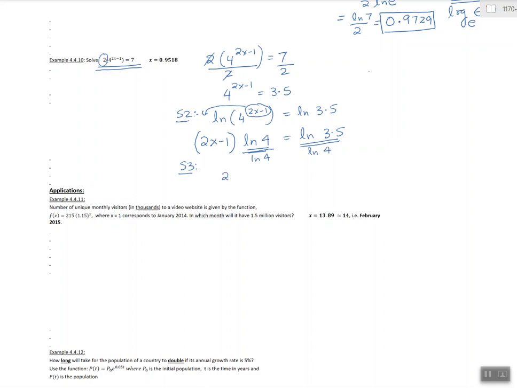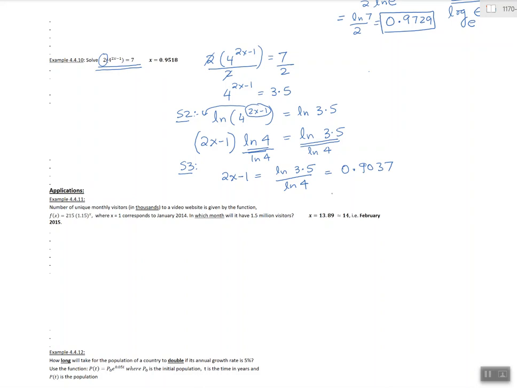So if I do that, I'll be left with 2x minus 1 equals ln of 3.5 divided by ln of 4. Now if you do that, then using your calculator, you're going to get 0.9037.